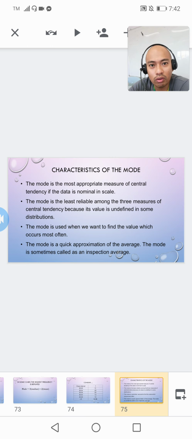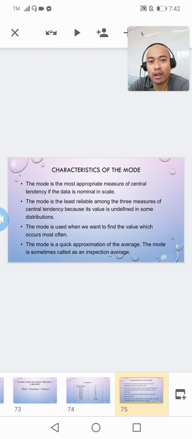Tinitignan ko kung sino yung nare-repeat most often. So doon ako nagka-concentrate. So in that case, that is a very quick approximation of the average. Titignan mo lang sino yung often na nare-repeat diyan. So diyan ka mag-concentrate. So maybe nandyan yung average na ng bata na yan. So that's why they call this mode as inspection average.